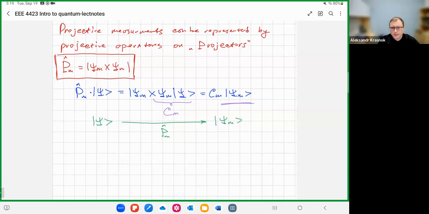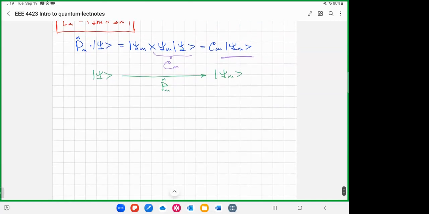It is just given by the outer product of the corresponding states, psi m times psi m. This projective operator will project any state psi on the vector psi m. This is where we ended last time.